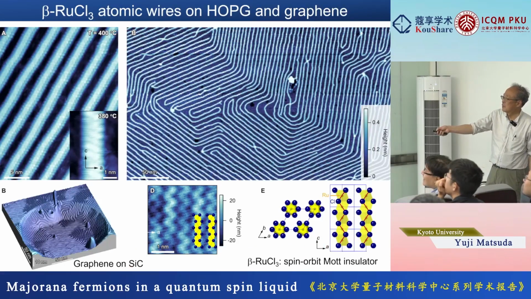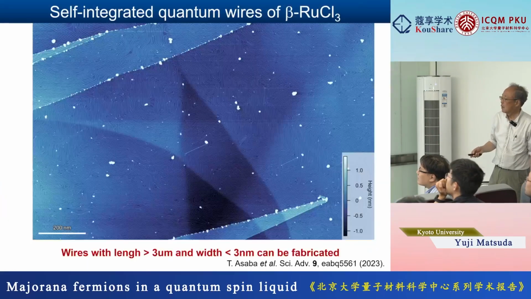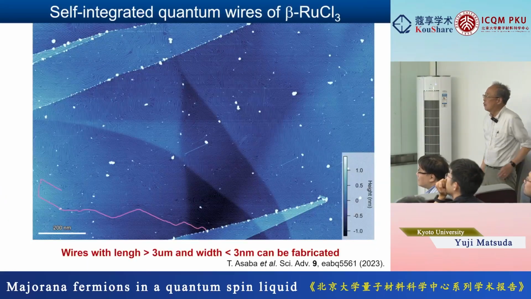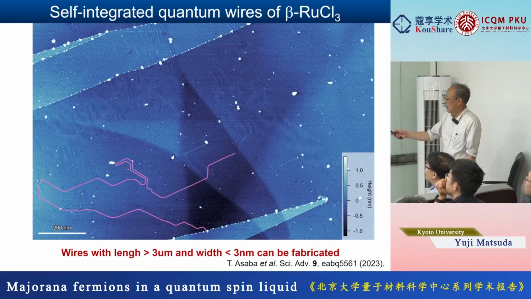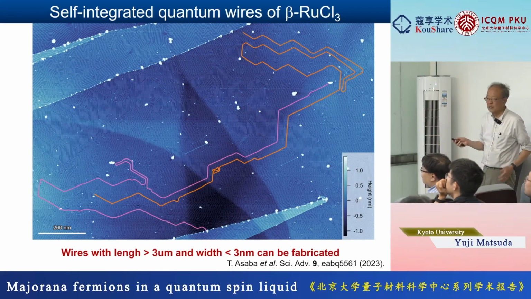We can control the width by changing the temperature and the evaporation rate. Then the origin of this self-organized quantum wire: the size of the nanowire is of the order of 2 nanometers, so we can grow it on graphene.